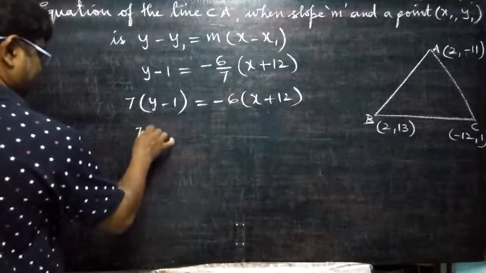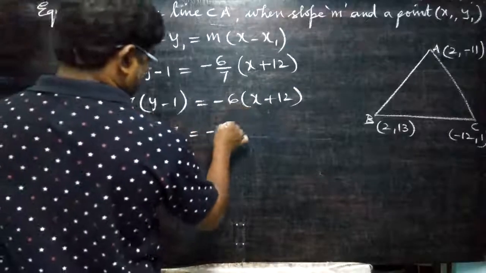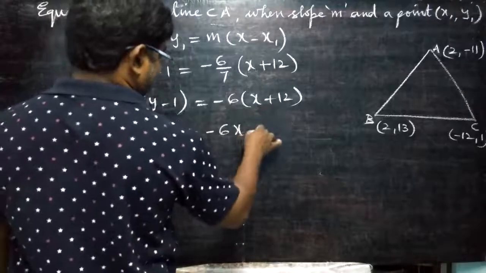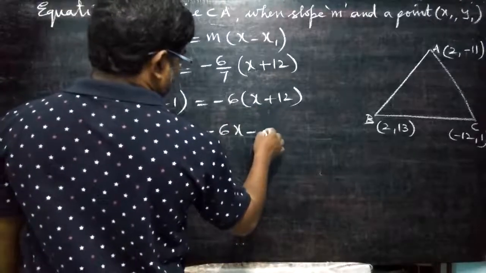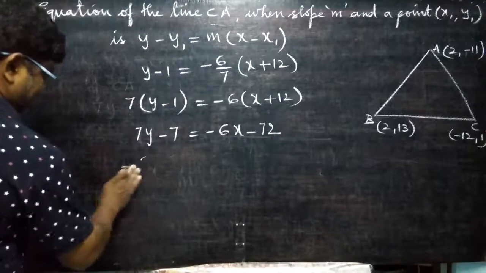7 into y is 7y, plus into minus is minus 1, so minus 7, is equal to plus into minus, minus 6x, plus into minus, minus 6 into 12 is 72. Bring minus, it will become plus.